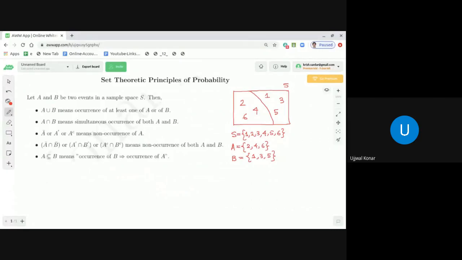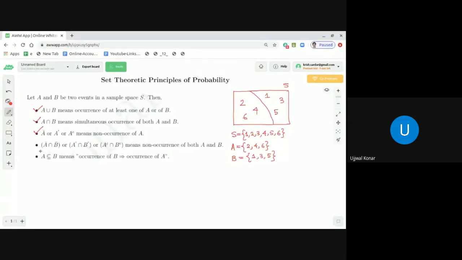Then A union B means occurrence of at least one of A or B. A intersection B means simultaneous occurrence of both the events A and B. A bar or A prime or A complement, A power C, that is C in the superscript of A, means non-occurrence of A.